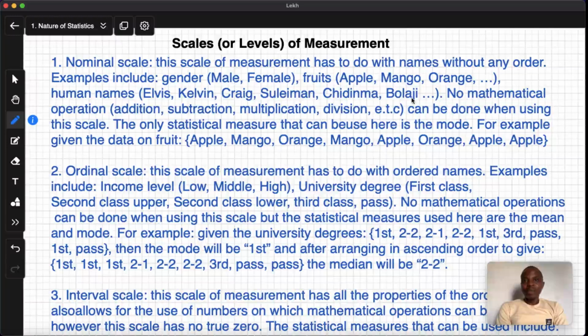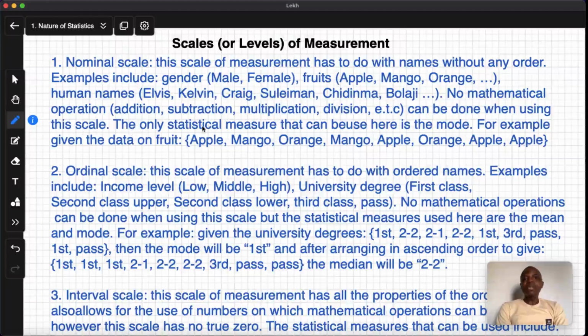the other. All right, and you cannot do any mathematical operation like addition, subtraction, multiplication, division, square roots, and many others. You can't do them on variables that are on the nominal scale.